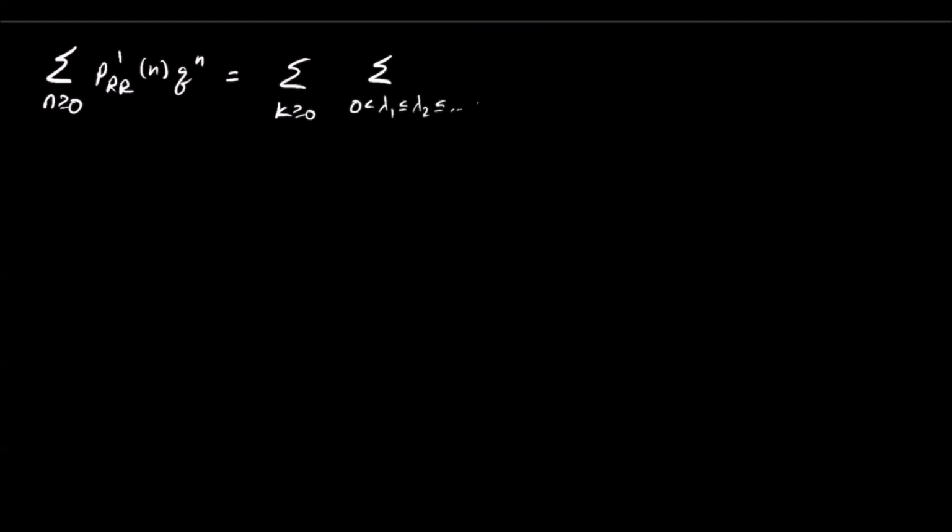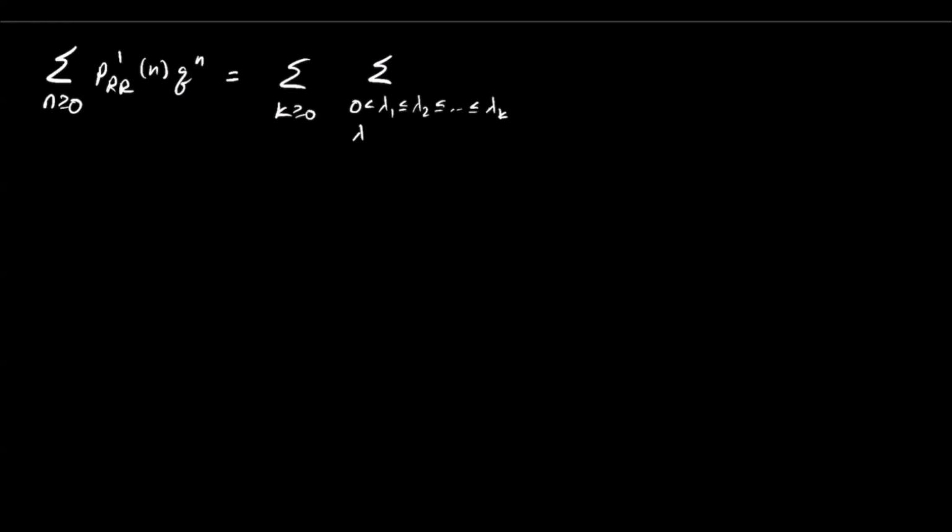Okay, so what I'm going to do is I'll write this out. So I'll say this is the sum n greater than or equal to 0, PRR1 of n, q to the n. I'll write this as the sum k greater than or equal to 0, and I'll write out the partition. So I'm going to say 0 is less than lambda 1, is less than or equal to lambda 2, is less than or equal to dot, dot, dot, is less than or equal to lambda k.